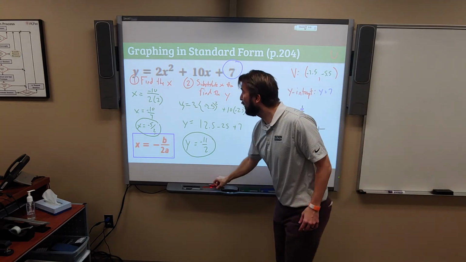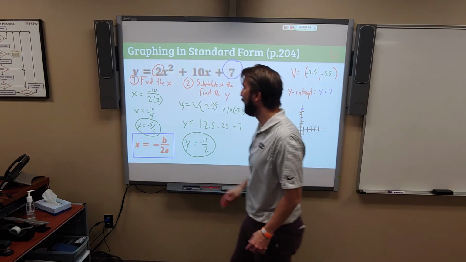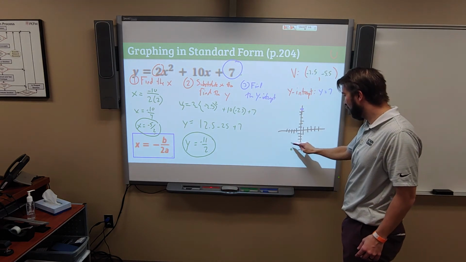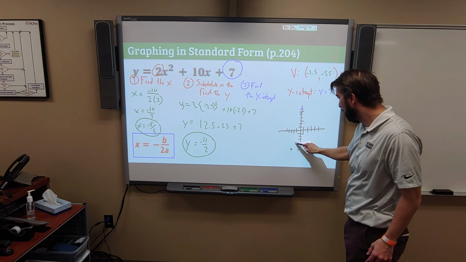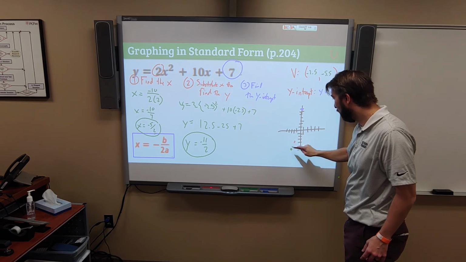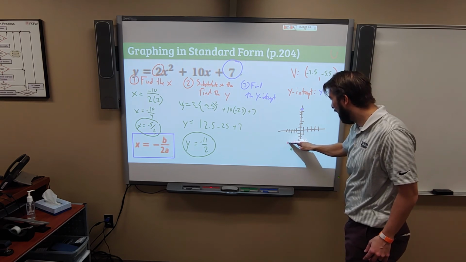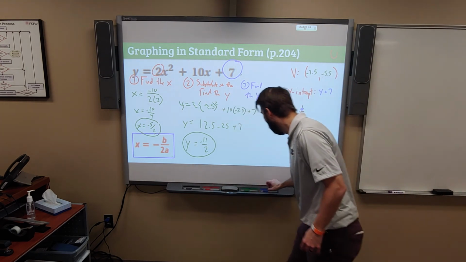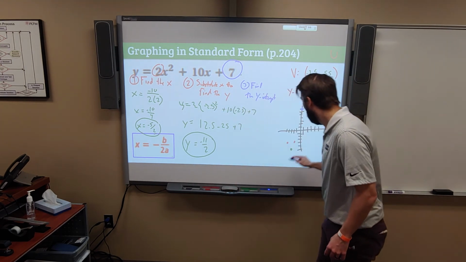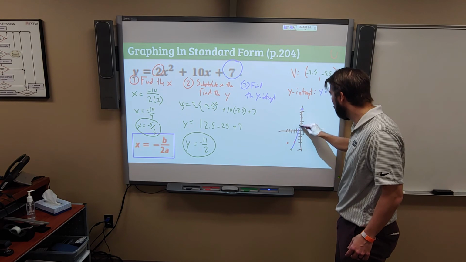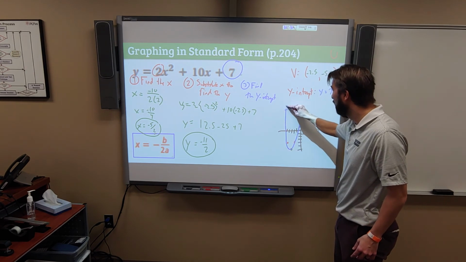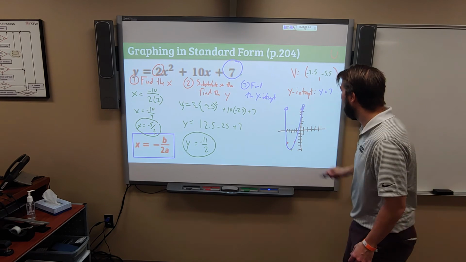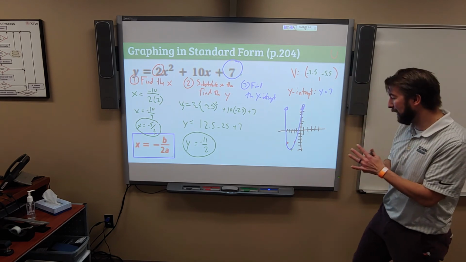So I'm going to use my kind of slope to help me out on this. I'm going to go up 2 over 1. Kind of difficult working with the halves, but it's going to look something like that. And then when you draw the U, all right, that's where it's going to cross the y-axis.